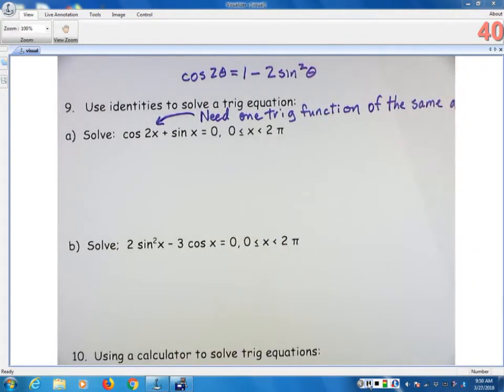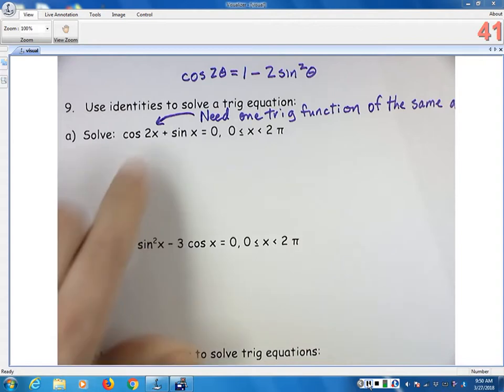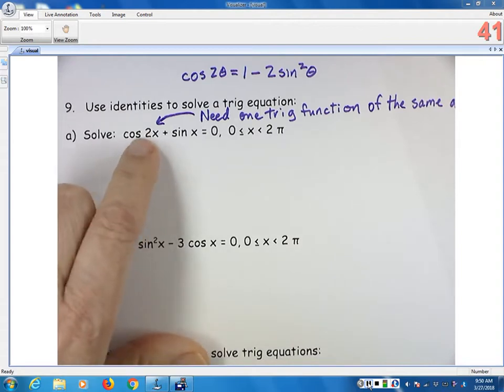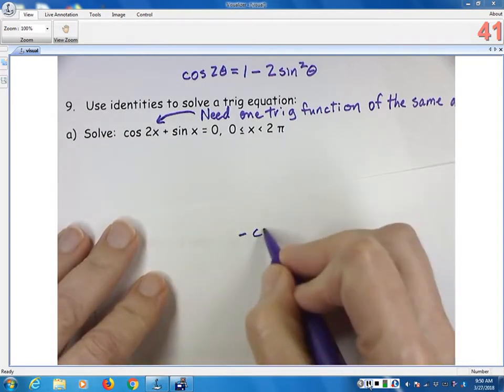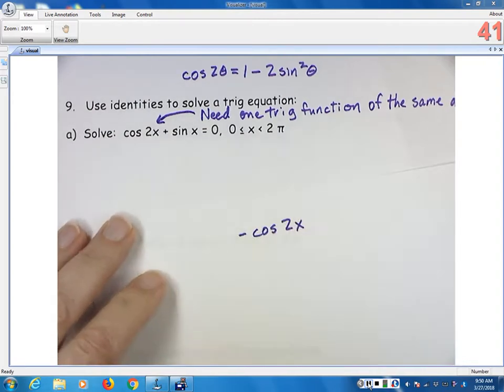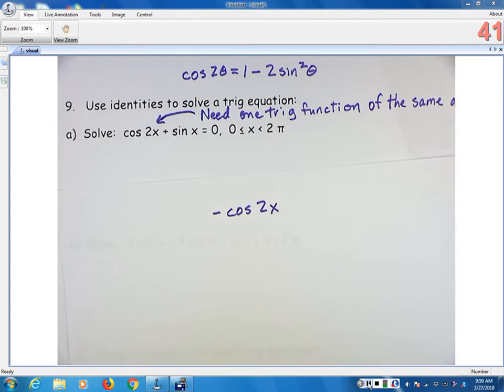Sure. On the math lab, I noticed that when there's a negative in front of cosine there, it becomes like 2 sine squared minus 1. Is that right? Or is that just a pattern that I noticed? If it's negative cosine 2x, it kept saying that the answer was 2 sine squared x minus 1. Oh, okay, yeah.